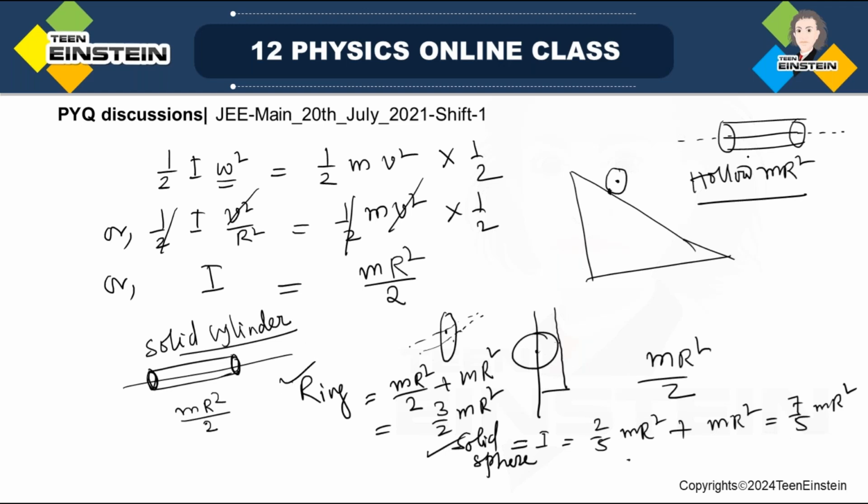When a cylinder rolls around, the rotation will be about its own axis. So the answer will be solid cylinder. The moment of inertia will be m r square by 2 for the solid cylinder alone.